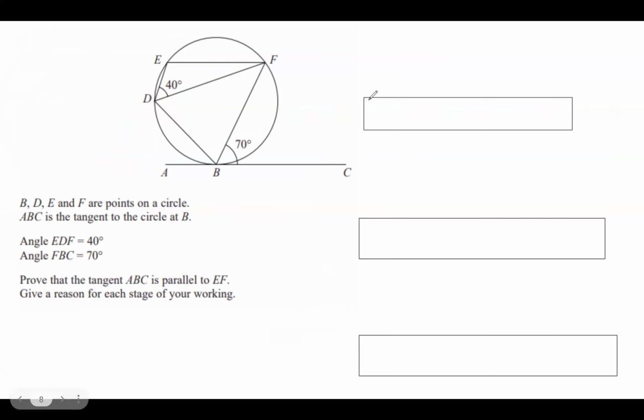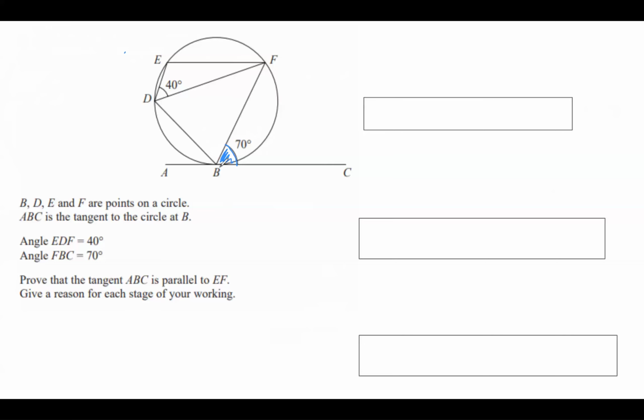Now here it says prove that the tangent ABC is parallel to EF. So EF and ABC are parallel. And it says give reasons for each stage of your working. Now, again, I'm going to start with this angle here. I've got a chord, I've got a tangent, I've created an angle here.